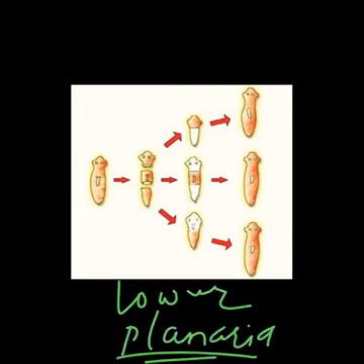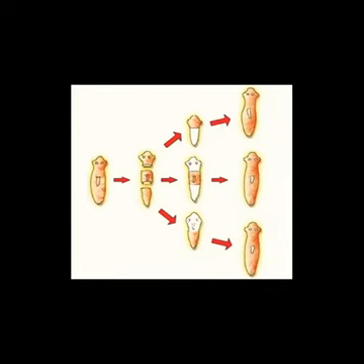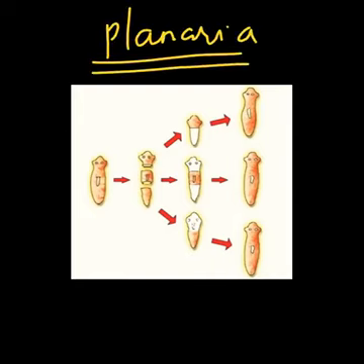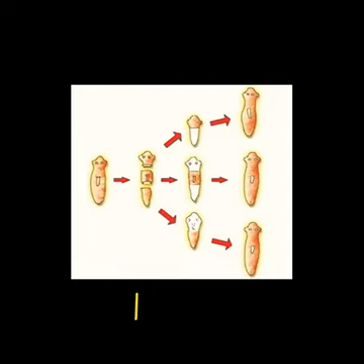This is the image of the regeneration in planaria, right? So let's recall what planaria is. Children, if you remember, we discussed planaria in 9th standard in the phylum Platyhelminthes. If you remember, what does Platyhelminthes stand for? Flatworm. Flatworms.